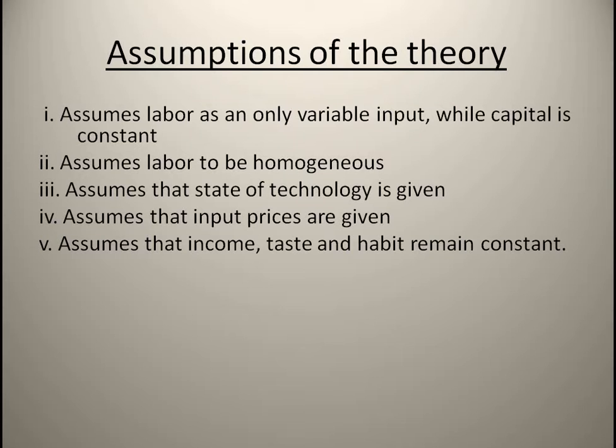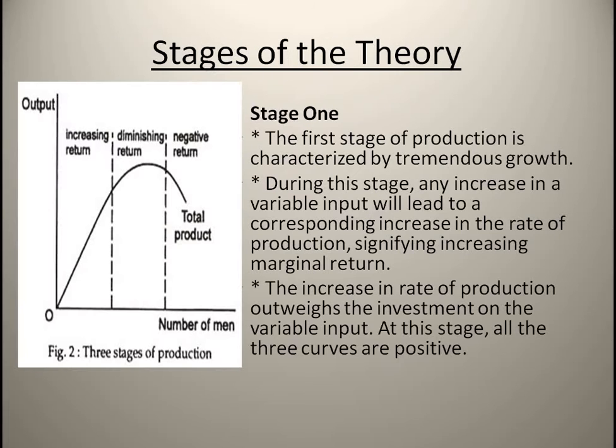And the last one, it assumes that income, taste and habit remain constant. As I said, this theory works for the short run. They say that labor is homogeneous, the state of technology is given, the input prices are given, and income, taste and habit remain constant. These are the 5 assumptions you're supposed to mention in this theory.